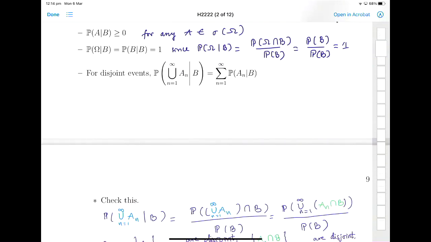So just use the definition of conditional probability.